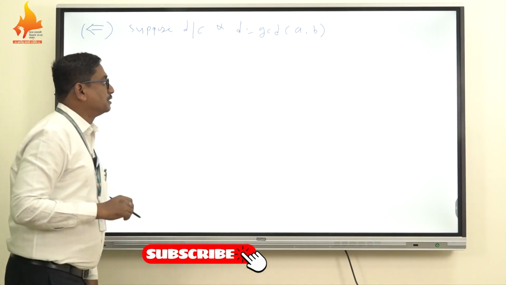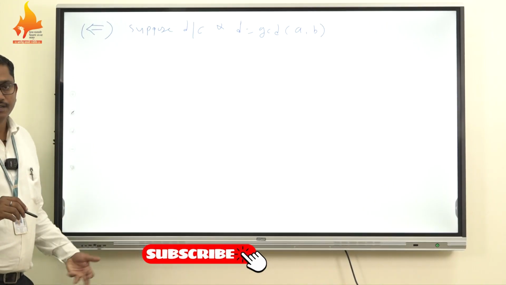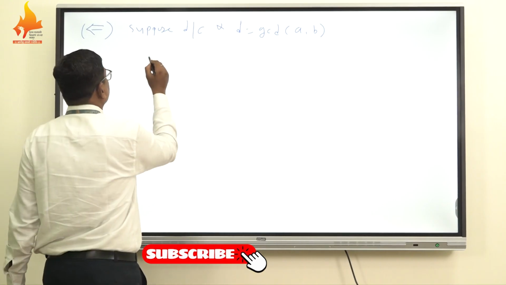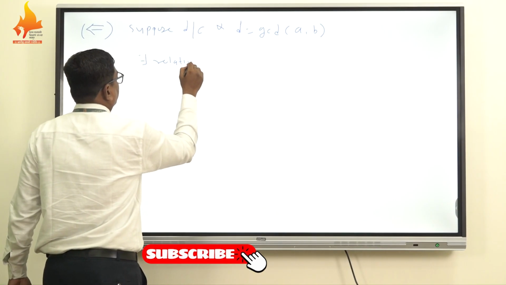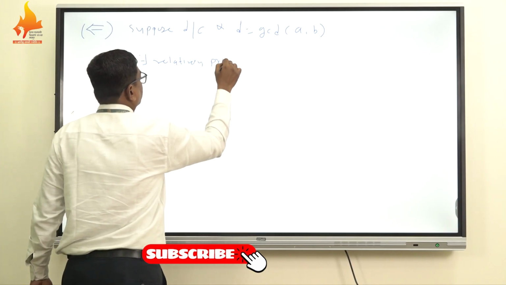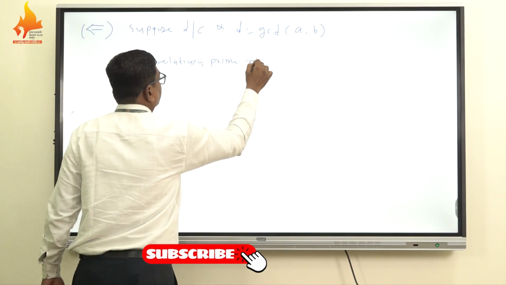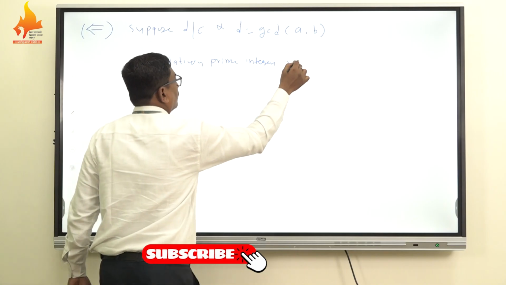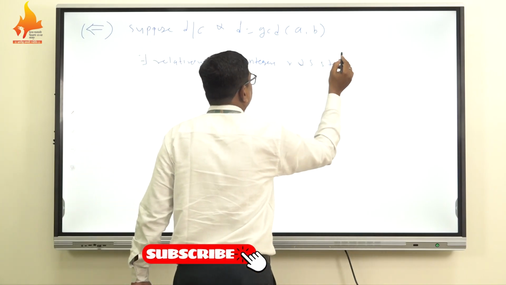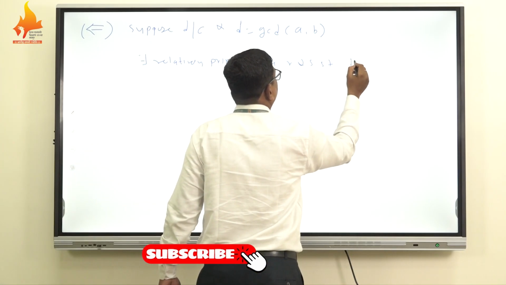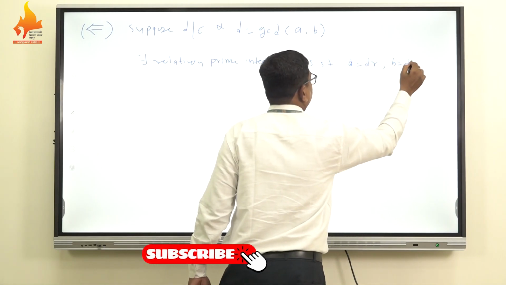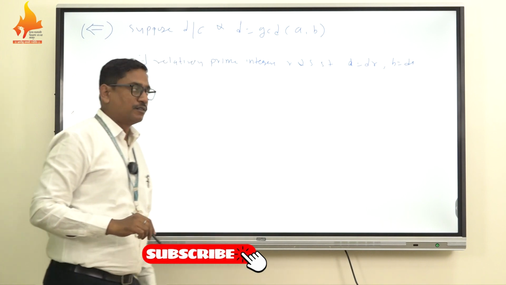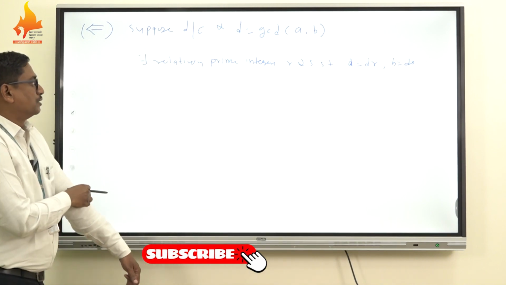As D is the GCD of A and B, as I mentioned in the previous part, there exist relatively prime integers R and S such that A is DR and B is DS. We are not going into this part once again. We are using another result also.